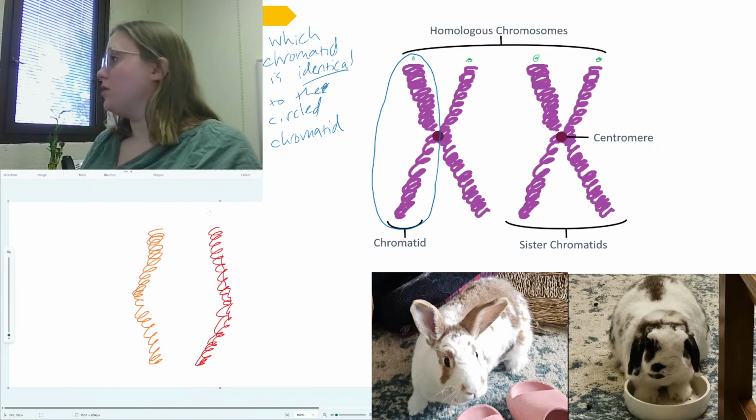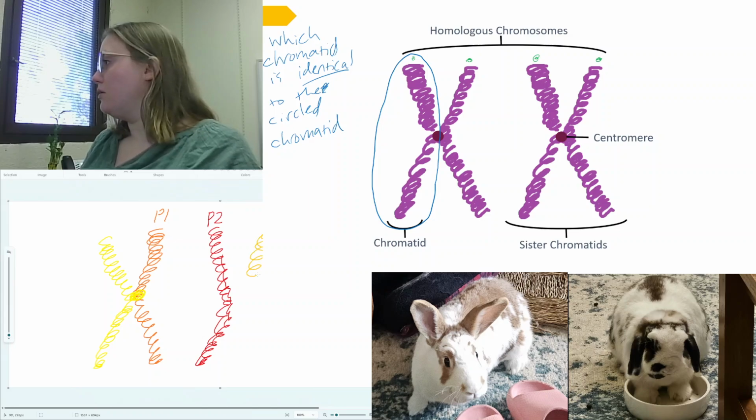Okay, so we're going to call this one P2, and this one P1. Okay, P1 is going to get copied, and it's going to be connected at the centromere. And then P2 is going to get copied and connected at the centromere.